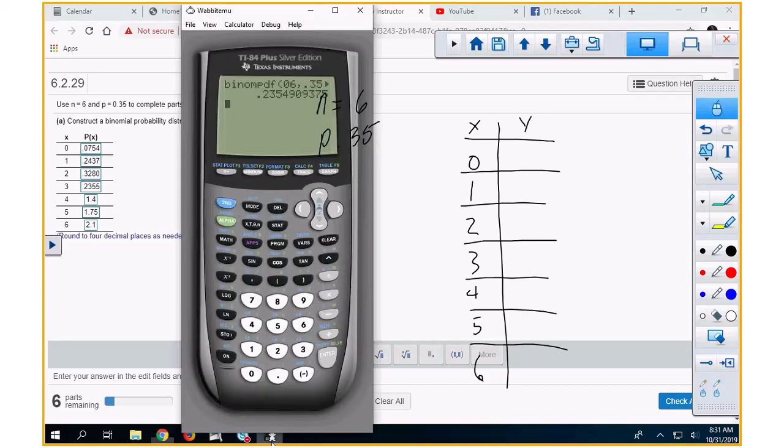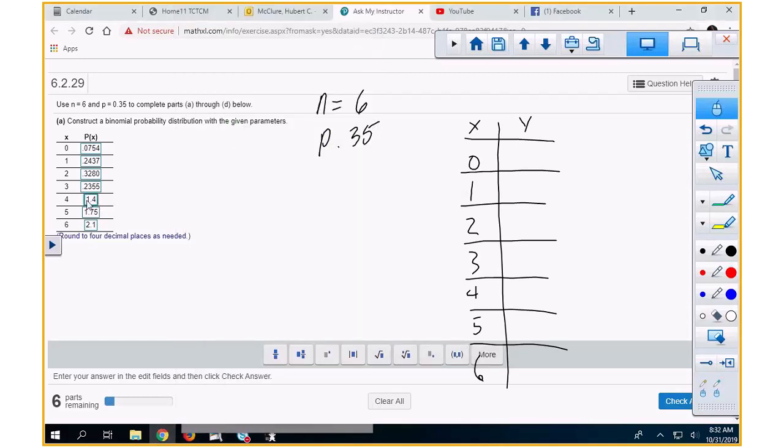Oh me, this is tedious with this calculator. It's easier when you got a calculator in front of you, not when you're doing it with a mouse. 4. 0.0951.